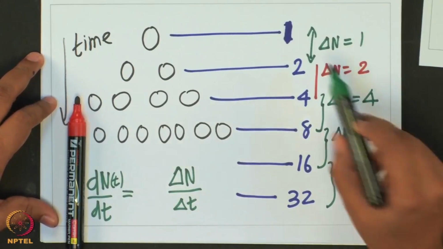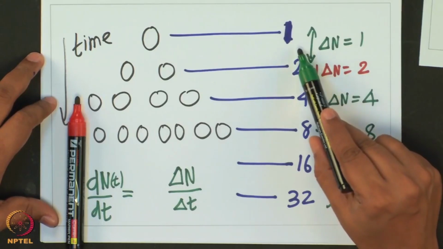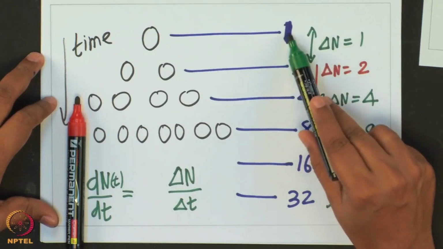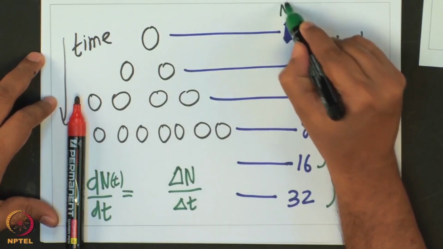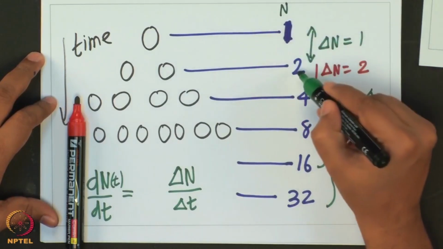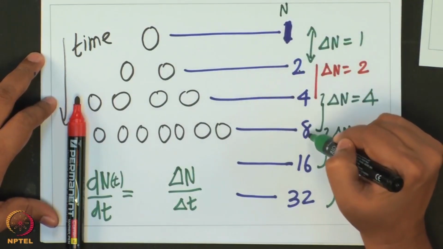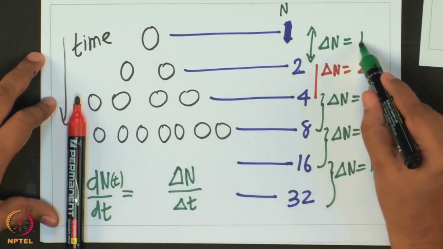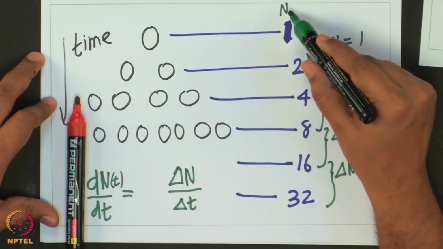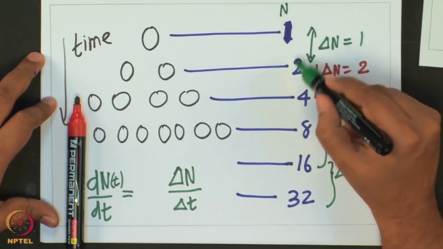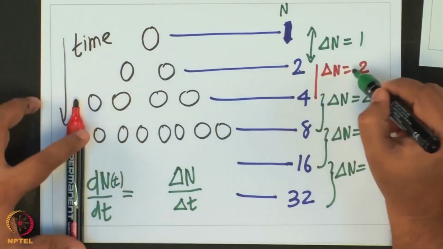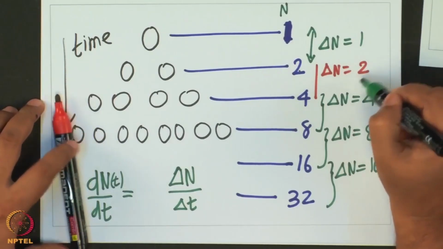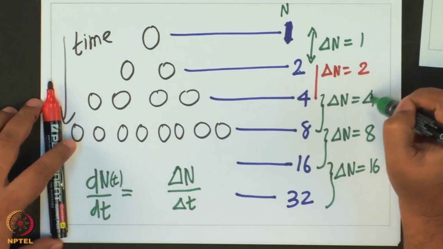We are seeing delta n, and this is n. N becomes 1, 2, 4, 8, 16, 32. And delta n is 1 because 1 divides to 2. When there is 2, both will divide. So the delta n is 2 here and delta n is 4 here.